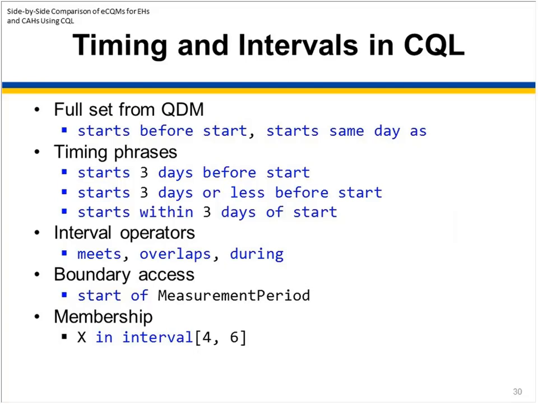And then you can do other interval operators, meets, overlaps, during, so you can compare two intervals directly. And then you can just access the boundaries. So I can say the start of the measurement period. And I can also do membership testing. And note that that's an interval of integers. CQL does support that as well.